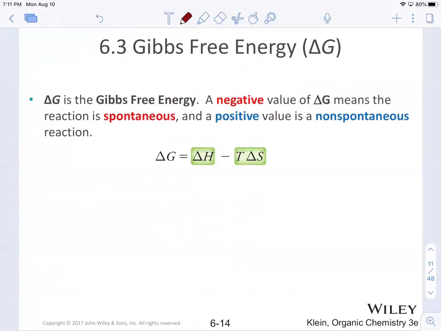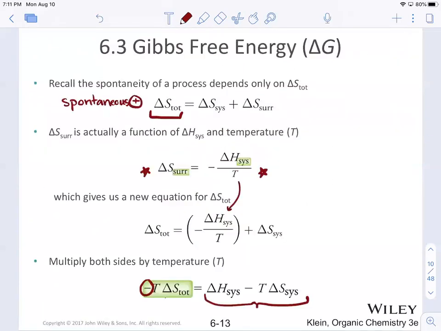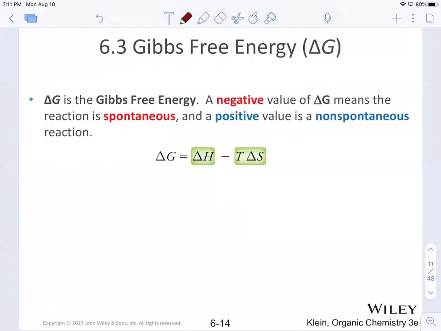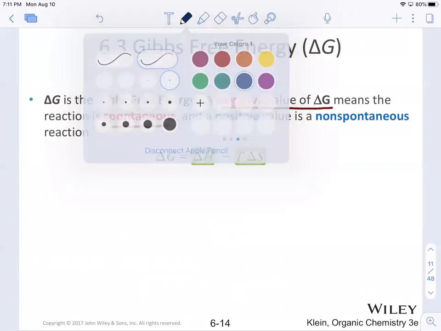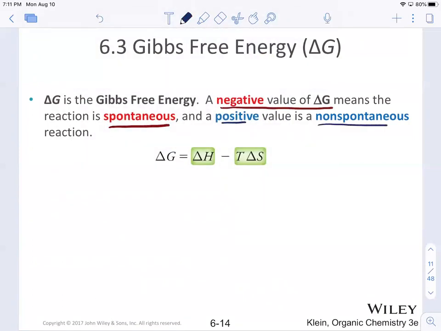Now a negative value, right? If we go back to our derivation here, that negative T delta S total is what is becoming delta G. So a negative value for delta G means that the reaction is spontaneous. A positive value for delta G means that the reaction is non-spontaneous.